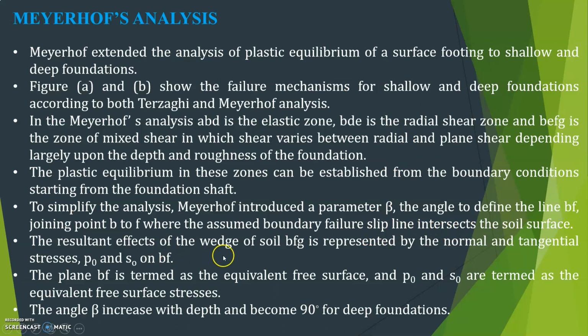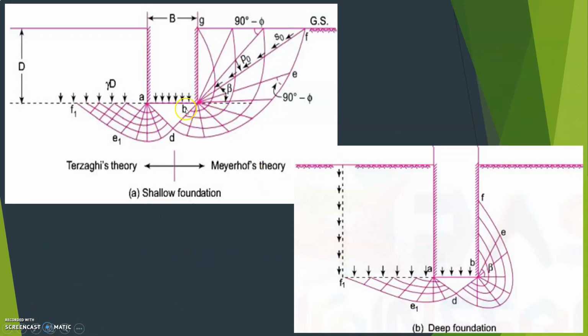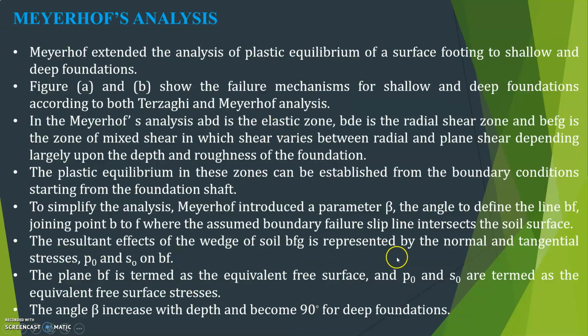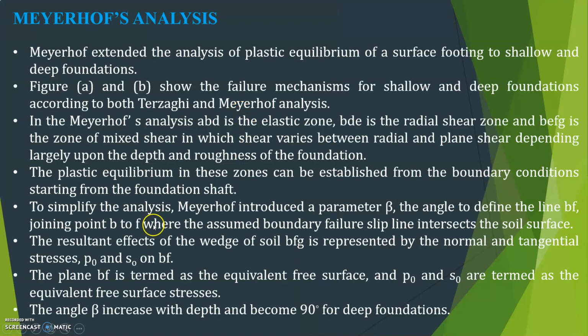The resultant effects of the wedge of soil BFG, this portion, are represented by the normal and tangential stresses P0 and S0 on BF, that is, the normal and tangential stresses developed.